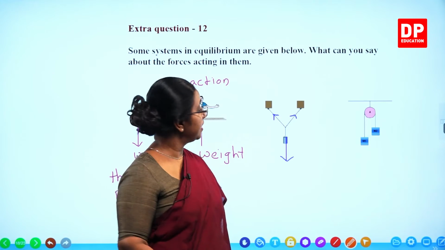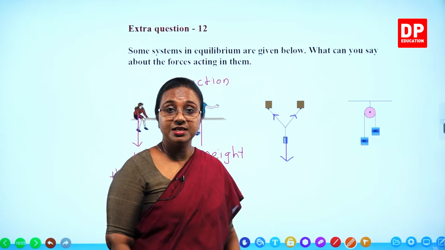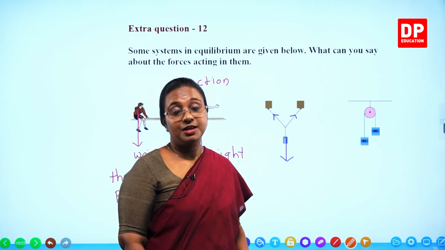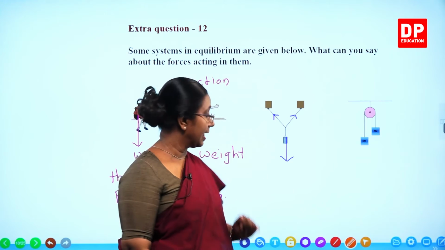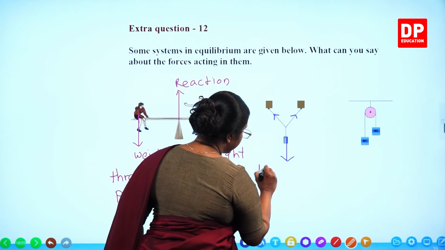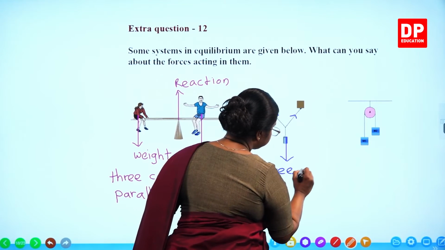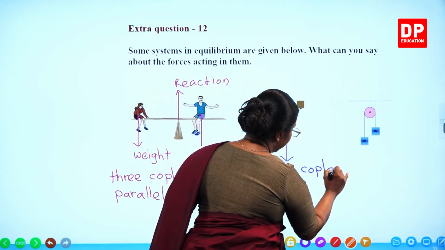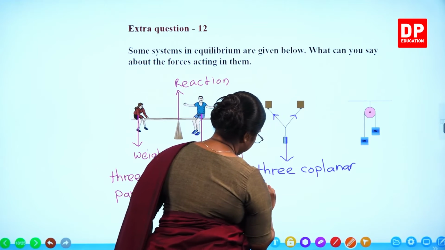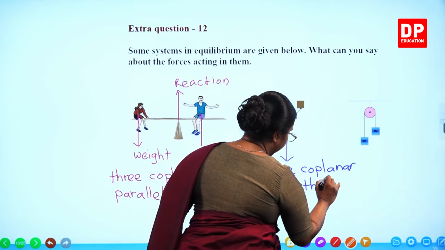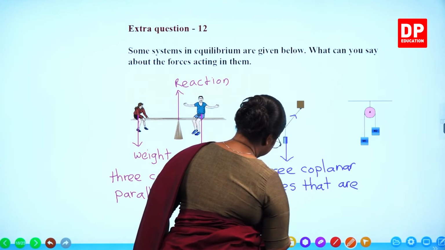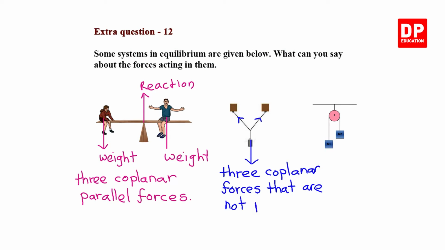They are all on the same plane, so coplanar forces. Are they parallel? No, they are coplanar forces that are not parallel. So here, 3 coplanar forces that are not parallel.